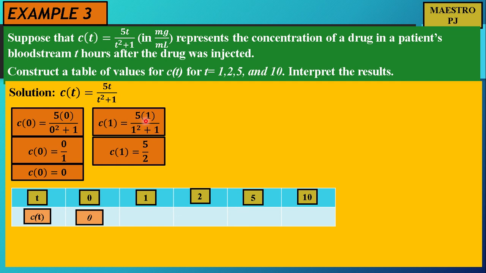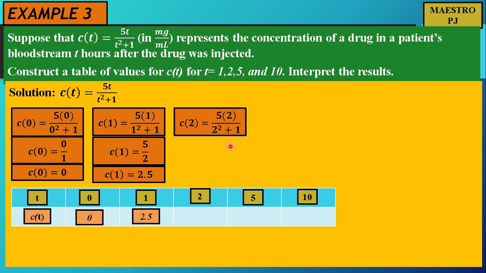Yung 5 times 1 dito ay 5. 1 squared is 1. So 1 plus 1 is equal to 2. So therefore, C of 1 is equal to 5 over 2. Anong ibig sabihin yan? So after 1 hour na na-inject yung drug sa patient's bloodstream, ang concentration ng drug ay 2.5 milligrams per milliliter. Yan.